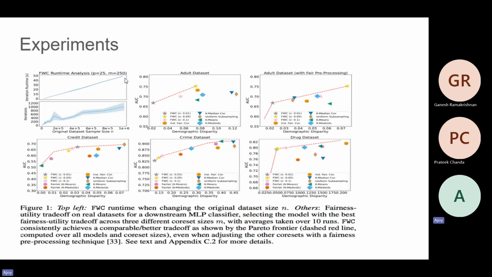We see that uniform random sampling gives a good AUC, but it has a problem of demographic disparity, and the clustering methods which are designed to ensure no disparity have less AUC. So they consider this a sweet spot amongst all the methods. That's it.